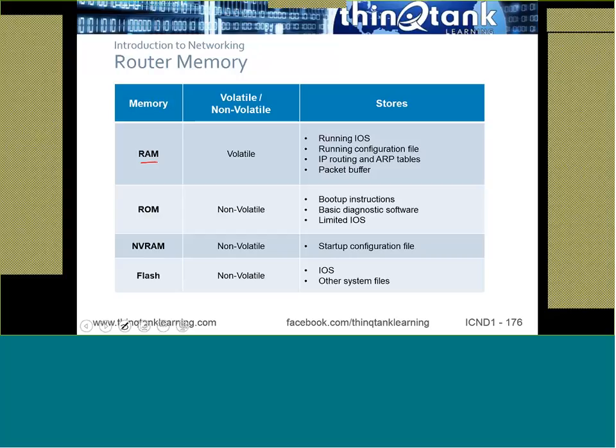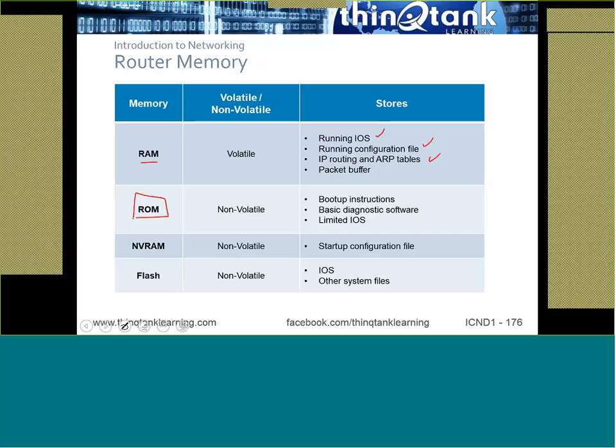We have RAM. RAM is our working memory. This is where our IOS runs, our running-config runs here, all of our tables and databases get constructed here, and so on. ROM, read-only memory, this is a chip that is inserted into a socket on the motherboard.